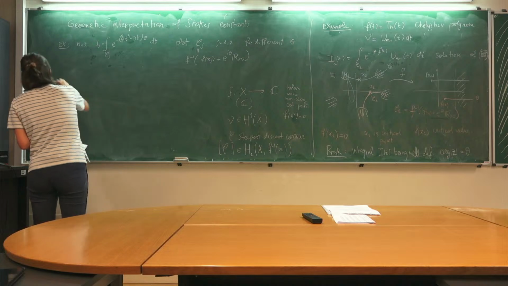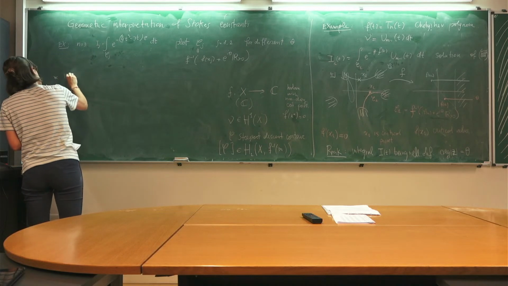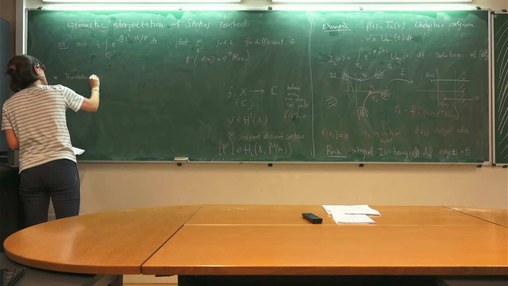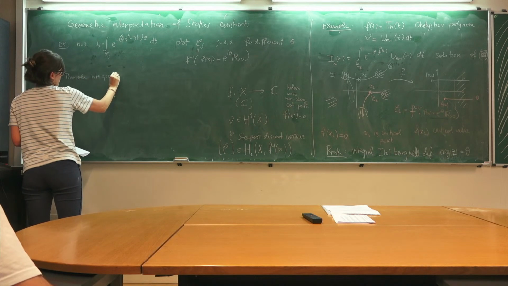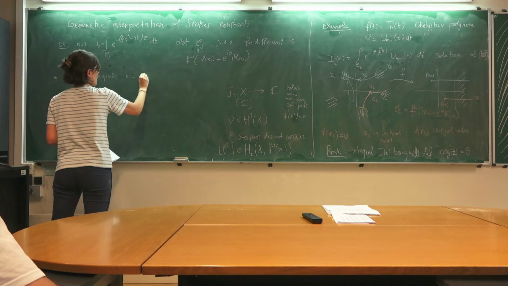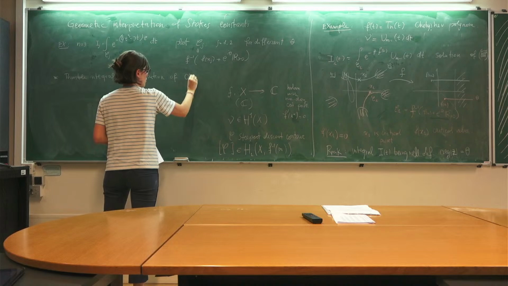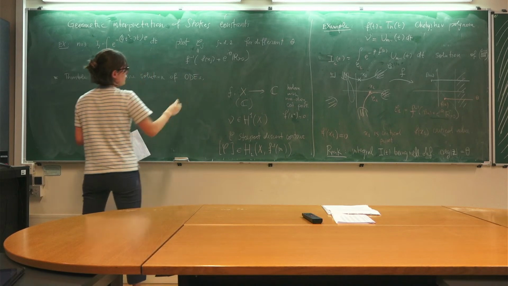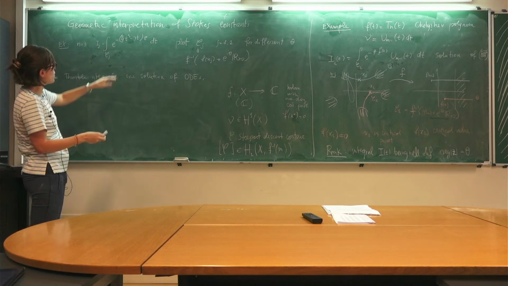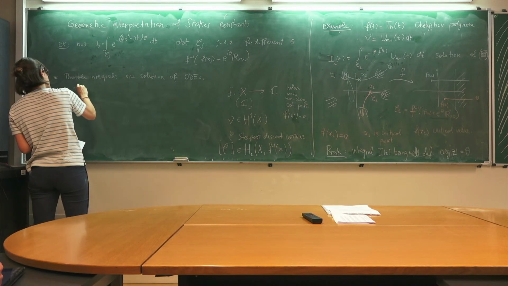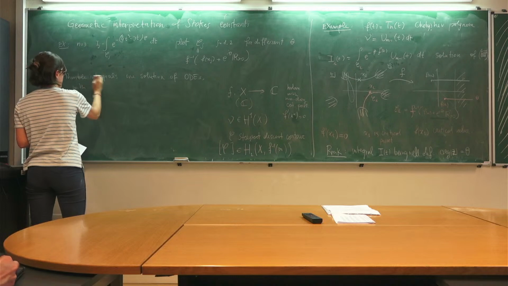So symbol integrals are solutions of ODEs. But in fact, not just of ODEs. Since you have this exponential here, they are solutions of ODEs with an irregular singularity at infinity.